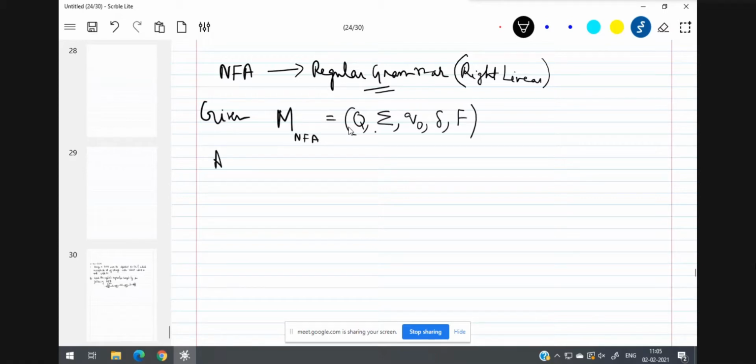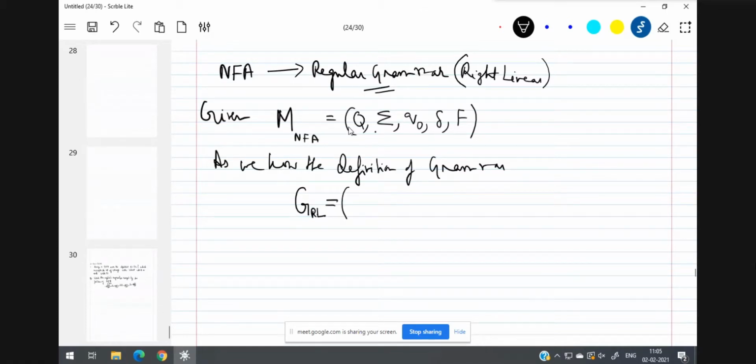And then, as we know the definition of grammar, let me represent G, and this is going to be the grammar for a regular language. Let me use RL, grammar for regular language.